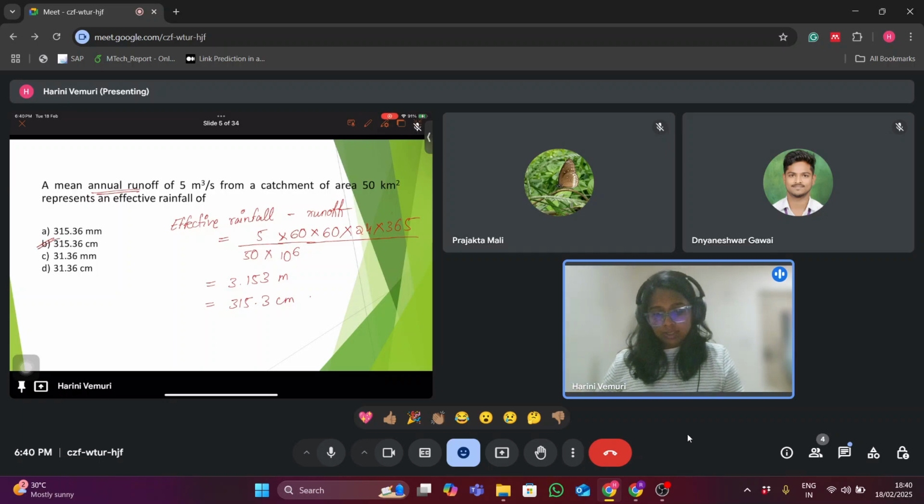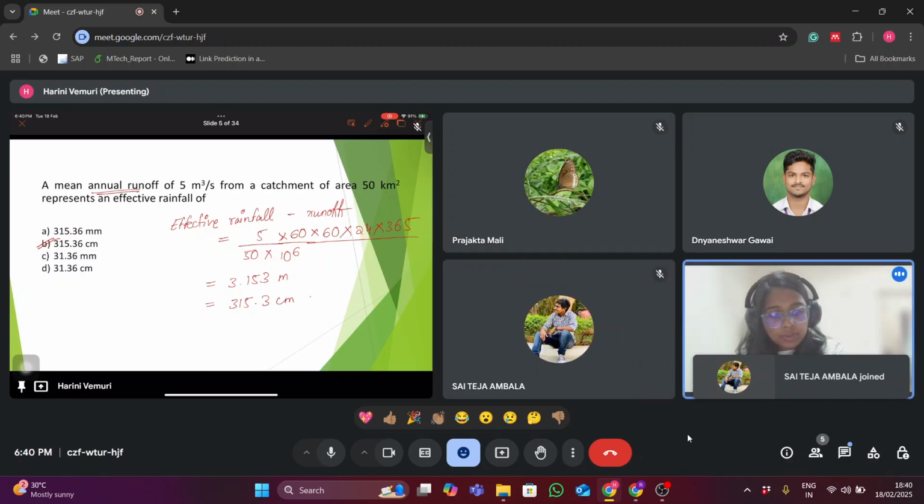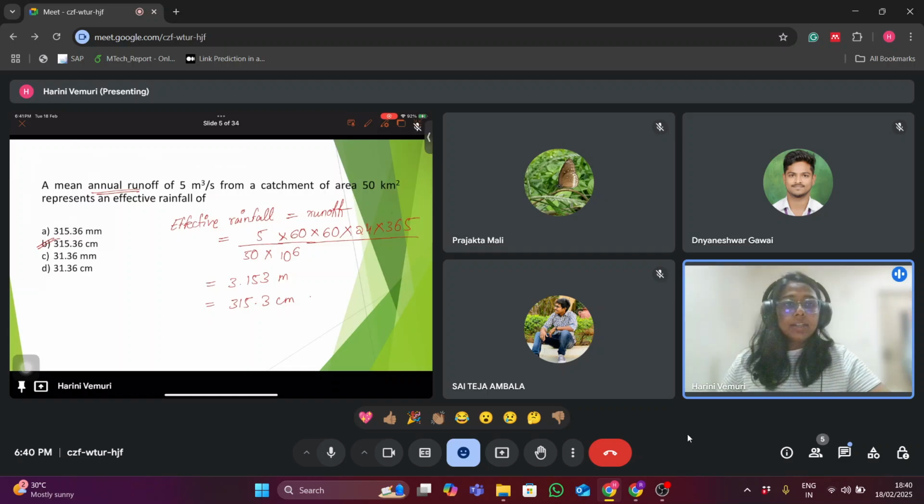So, the option is B. Since effective runoff is equal to annual runoff, we are just trying to get the effective runoff value in mm. So that's why we are dividing it with area and multiplying with duration, because the annual runoff units are in meter cube per second.